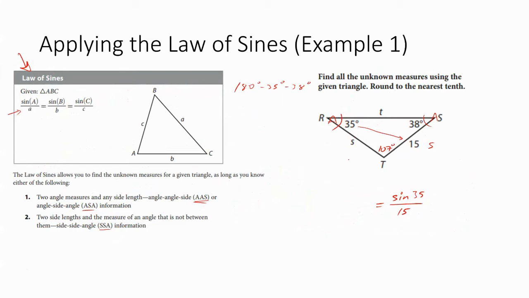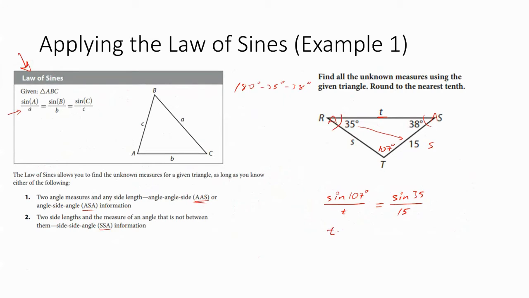And I'll tell you what, I'm going to find t first. So I'll do sine of 107 degrees over t. That will help me find t first. Now you could do the whole cross multiplication.